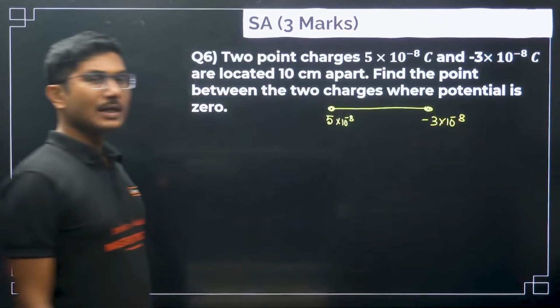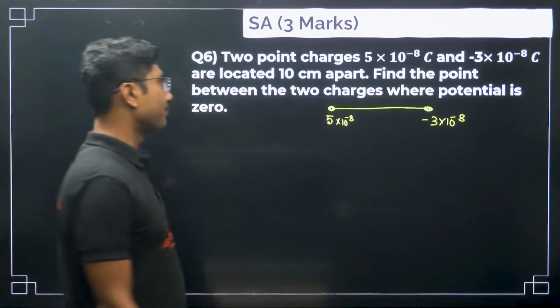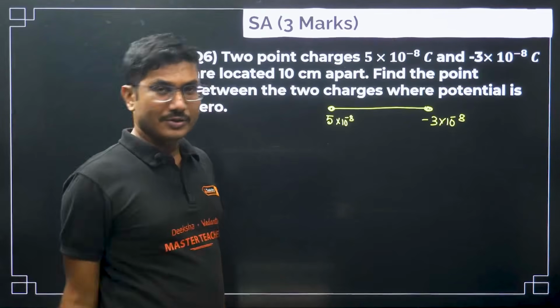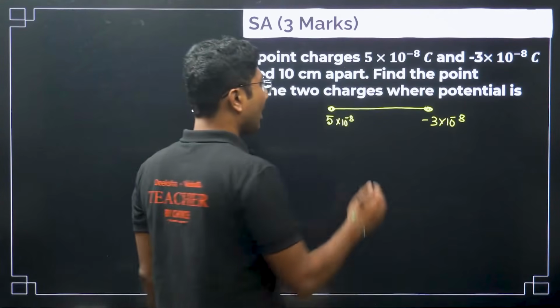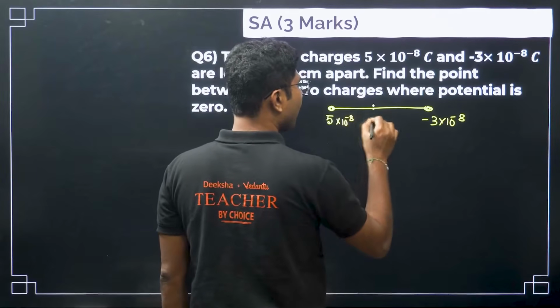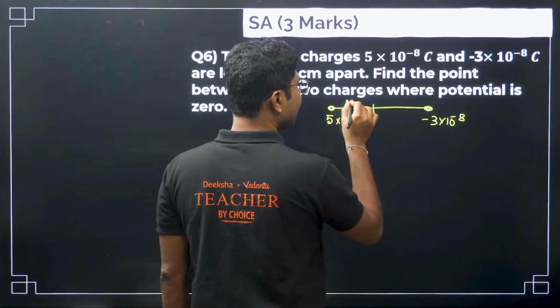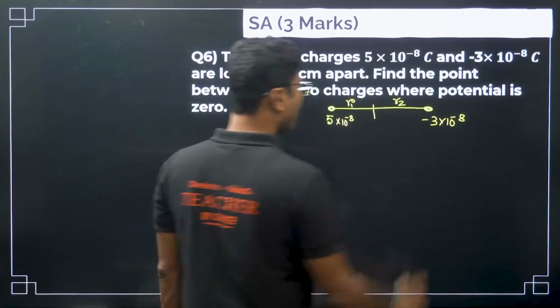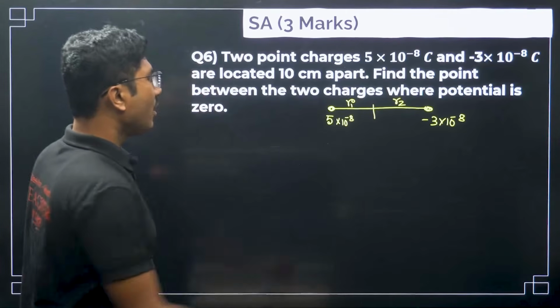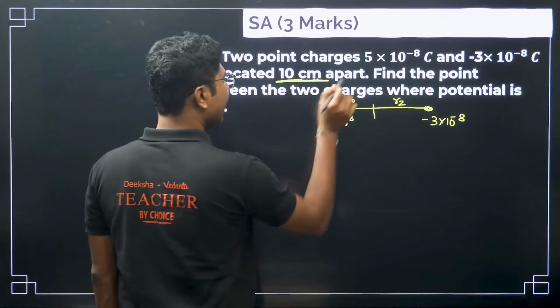Now you have to find the point where potential is 0. Okay, we have solved a similar question for electric field. Now it's time for potential. Now how to do that? Suppose the distance from the first charge or positive charge is R1 and from the negative charge say R2. Okay, and the distance is given as 10 centimeters.